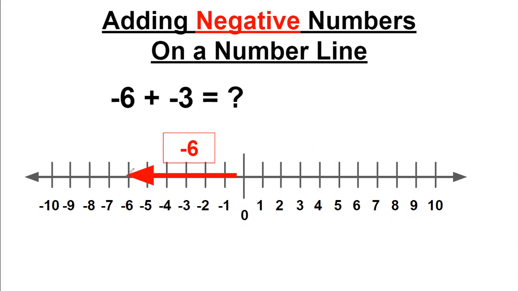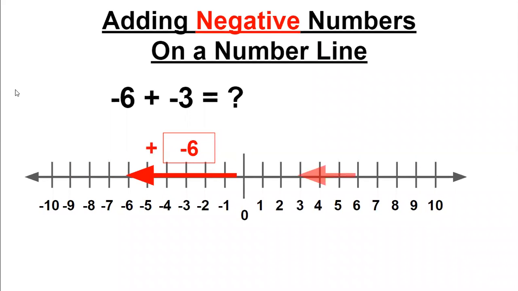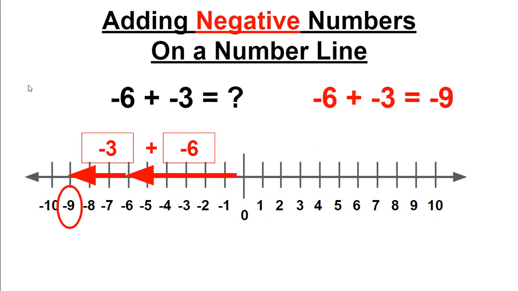We're going to start where we left off, and we're going to go 1, 2, 3 more to the left. Negative 6 plus negative 3 equals, what's the answer? Negative 9. So we went farther from 0 when we added 2 negatives. So negative 6 plus negative 3 equals negative 9.